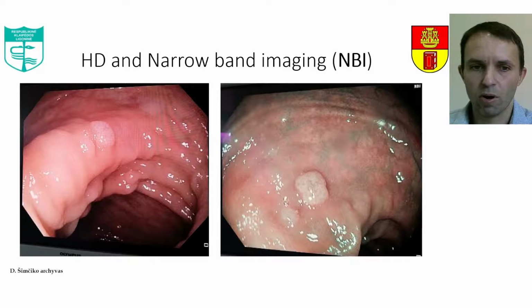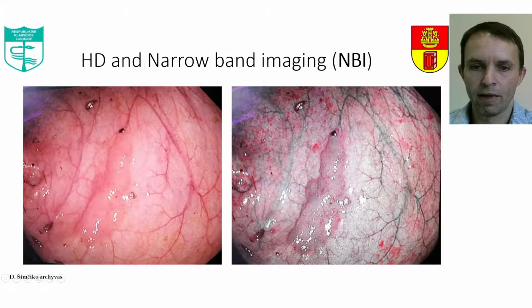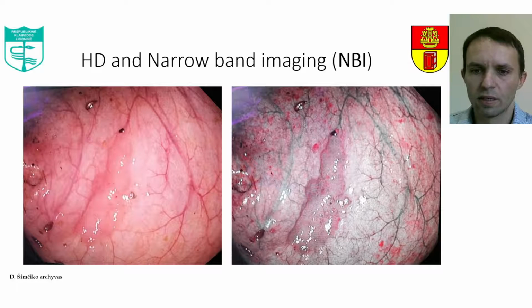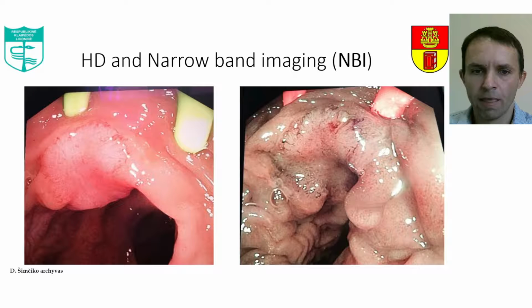The type of polyp is 1S, meaning sessile polyp. Another example, there's a high definition image and there's narrow band imaging, and this is Paris type 2A. This is an example of adenoma.